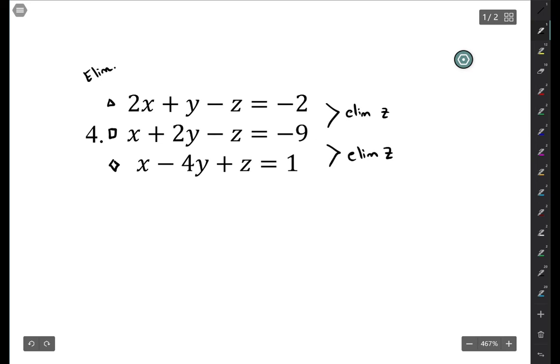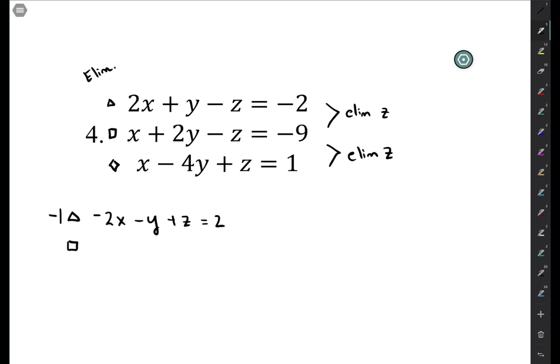If I multiply triangle by -1, that'll change my z to positive. As you get more comfortable, you might be able to skip a few intermediary steps, but please practice these first till you start doing fancy stuff. Square, I don't need to change.